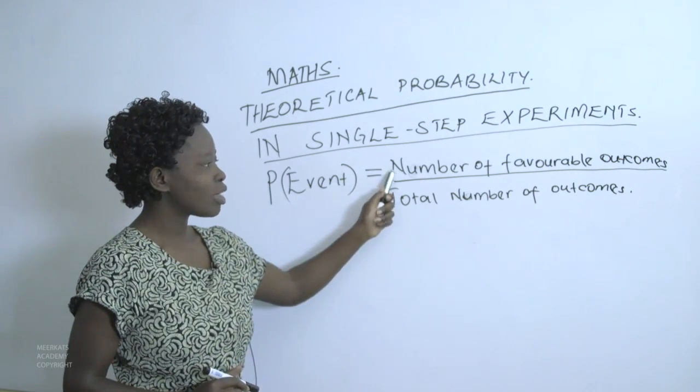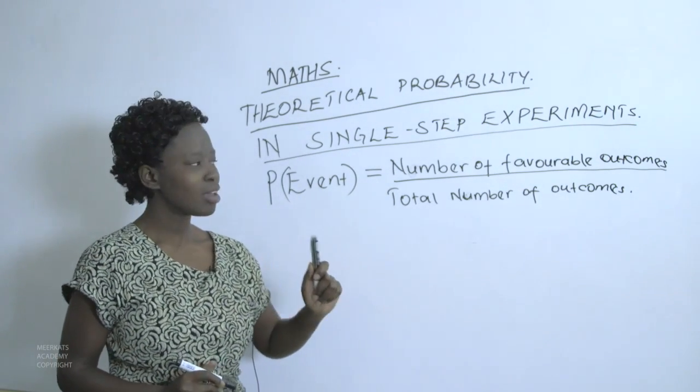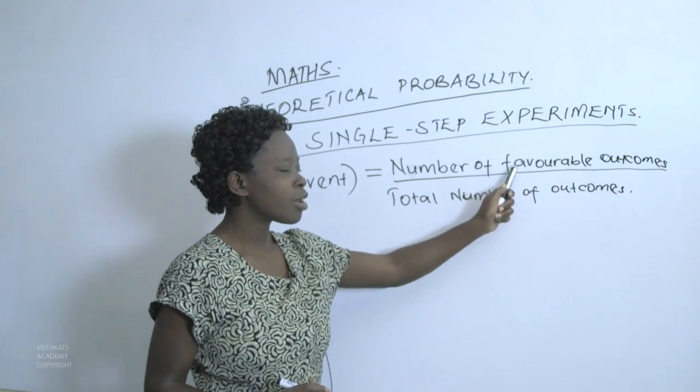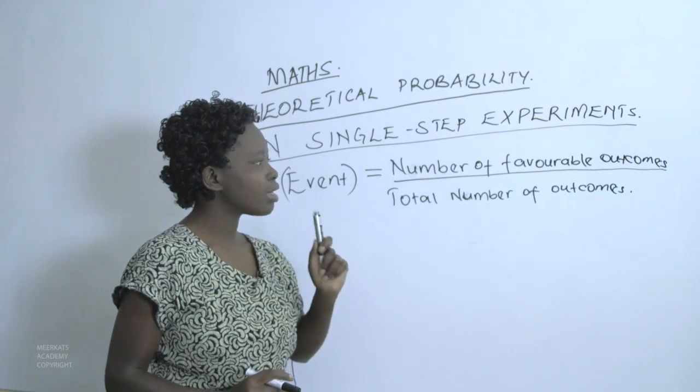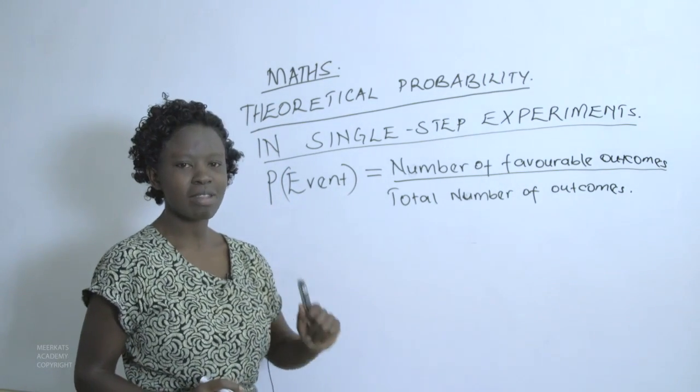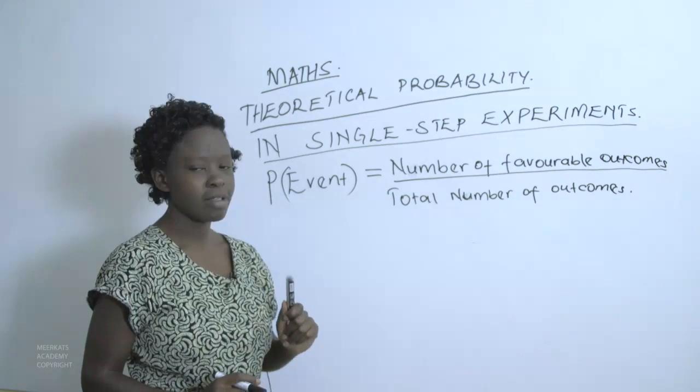So we started by defining the terms that are used in probability. And we said that the favorable outcome is that outcome that has been considered, that it must appear in any given situation.